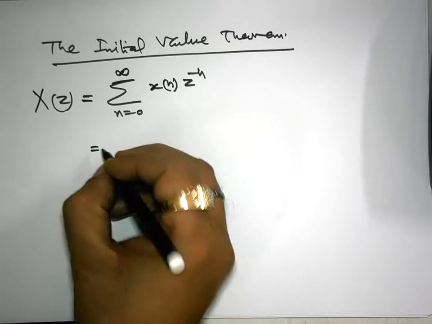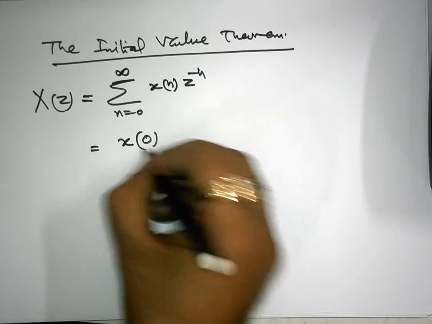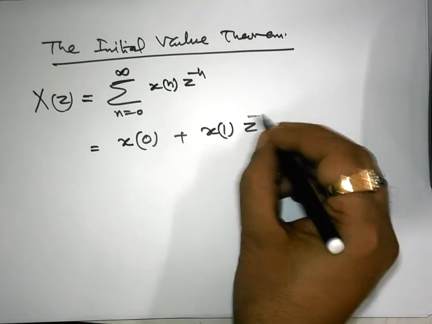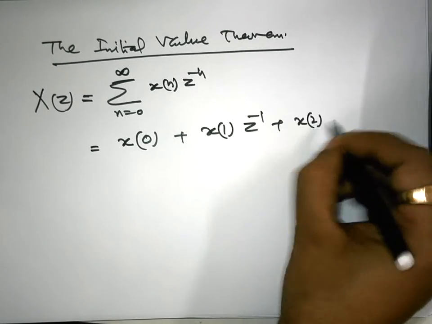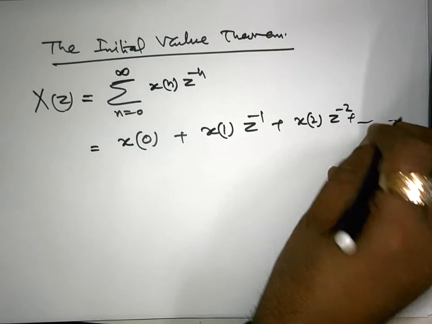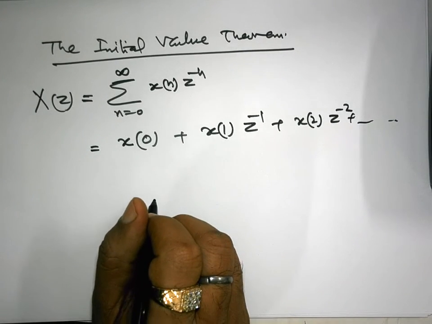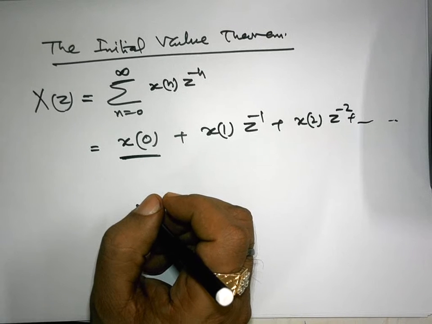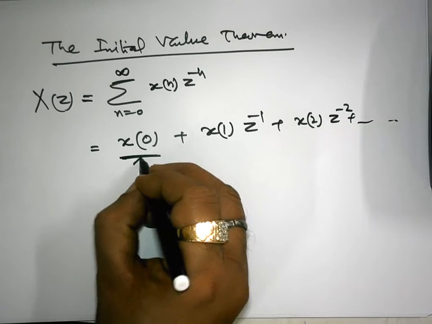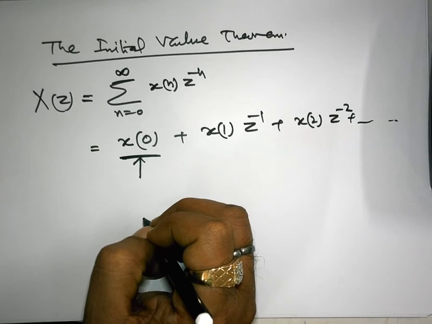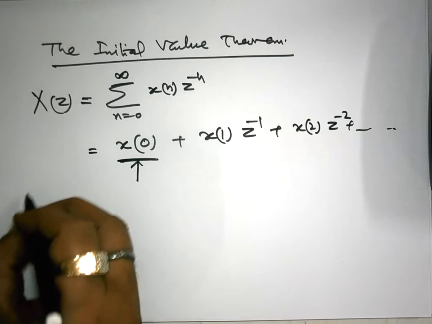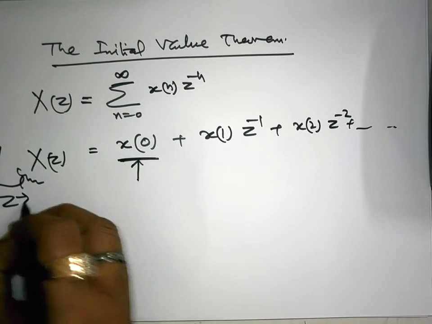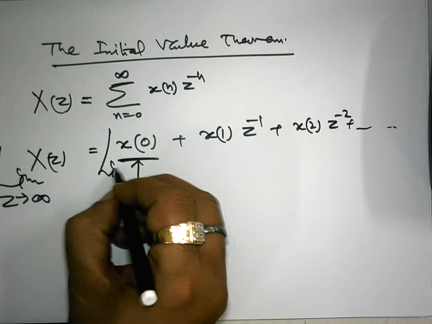If we expand this relationship, it is x[0] plus x[1] z to the power minus 1 plus x[2] z to the power minus 2, and so on. Now if somebody asks you to evaluate the initial value of this signal, initial value means the very first value, x[0]. So simply you put the limit z tending to infinity on both sides.